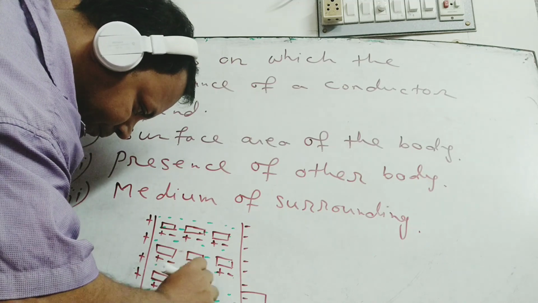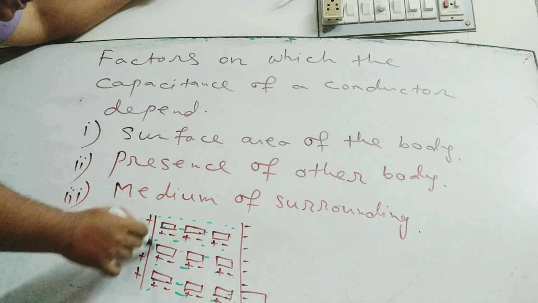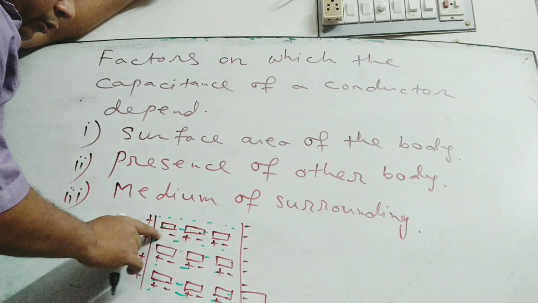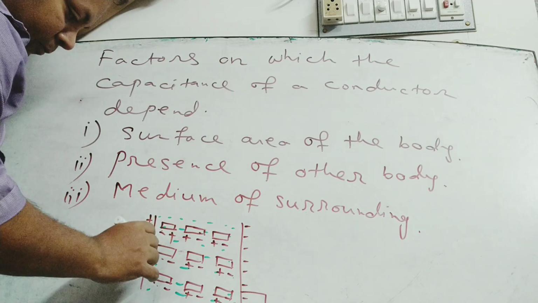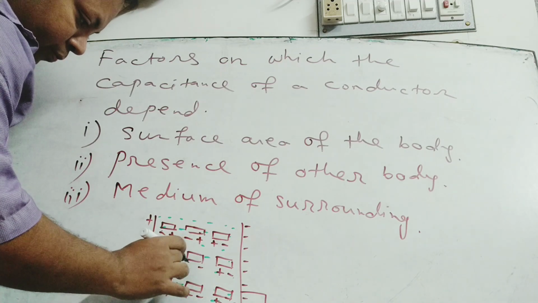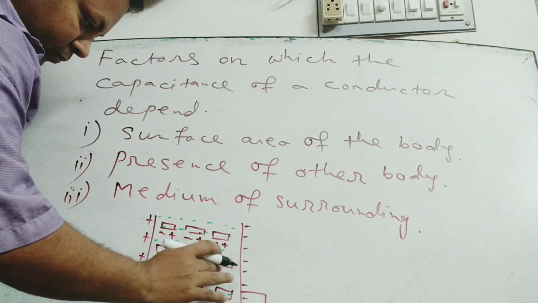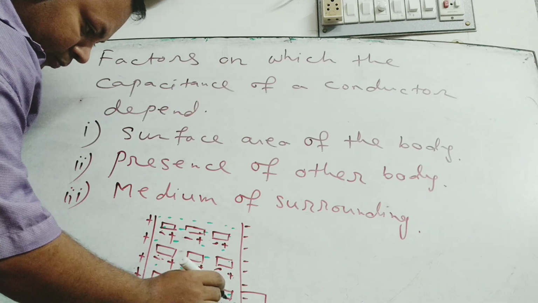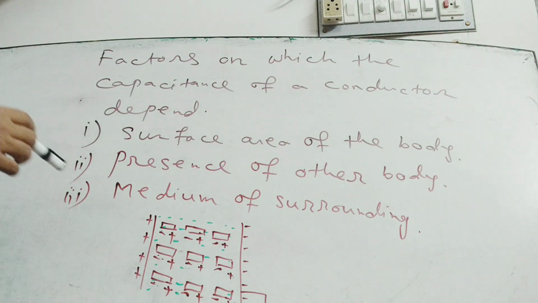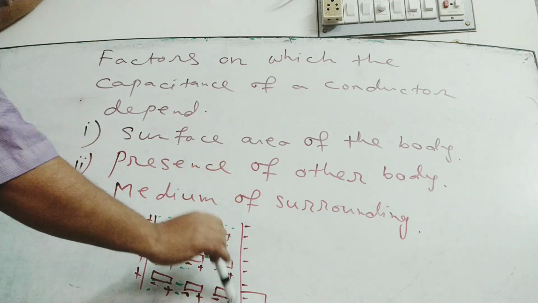By this process, the positively induced charge can attract more positive charge. By the method of induction, there should be a negatively induced charge on one side, and in this area a positively induced charge.